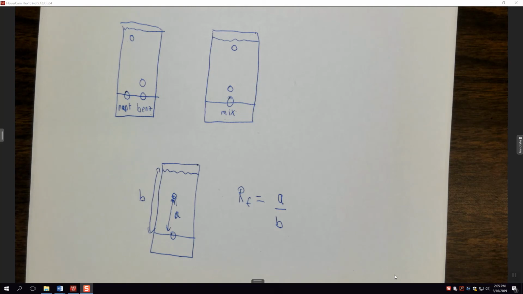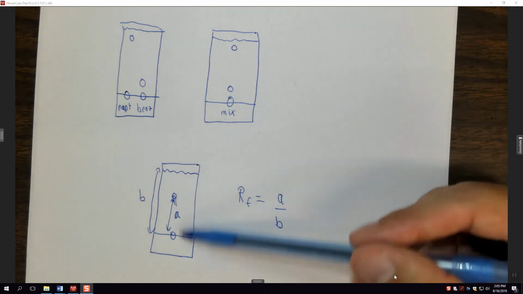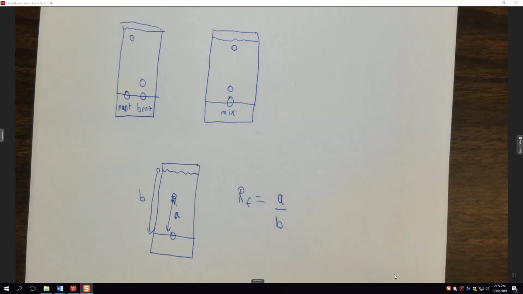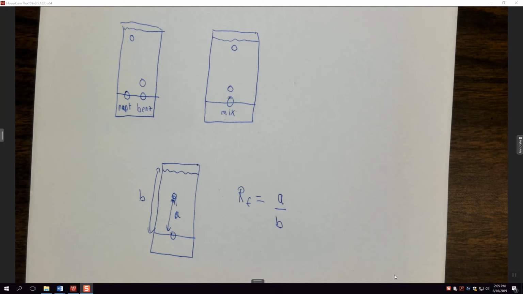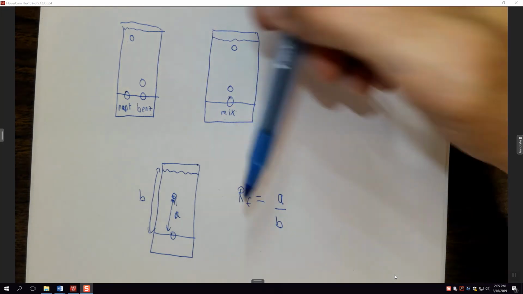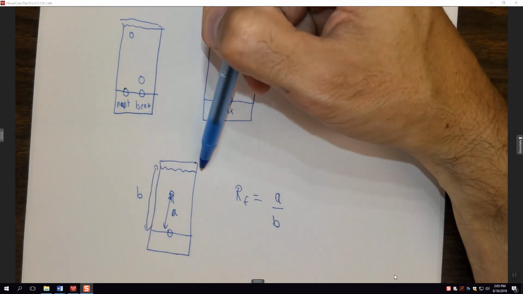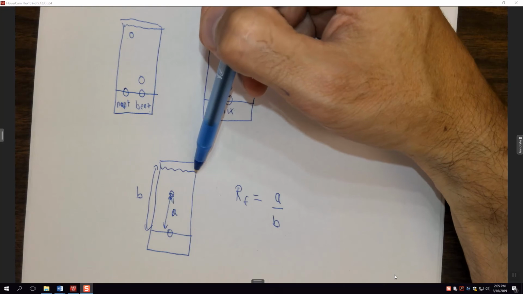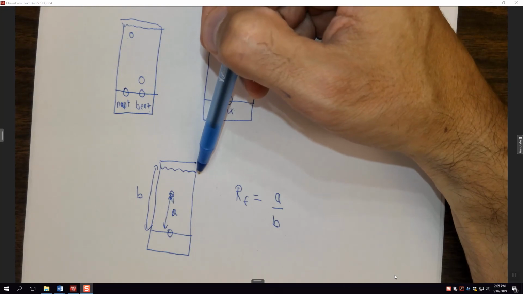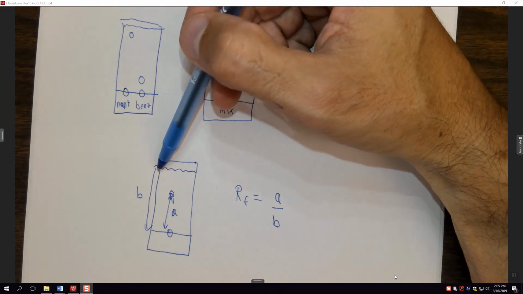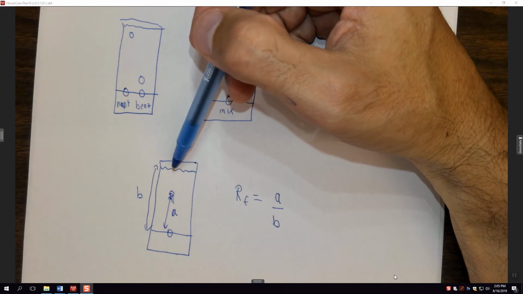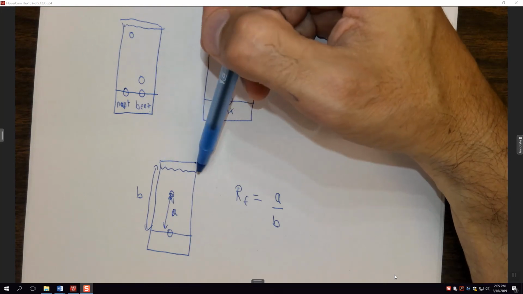Note that to visualize the spots, you need to dry the plate and then put the UV light over it. So it's very important that you mark your solvent front as soon as you remove your TLC plate from the eluting chamber. Otherwise, you may not know where the solvent went to.